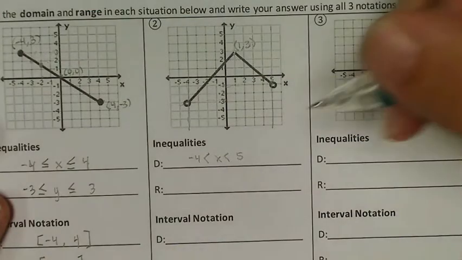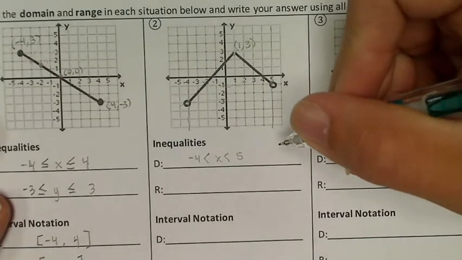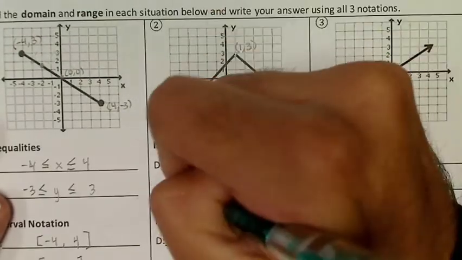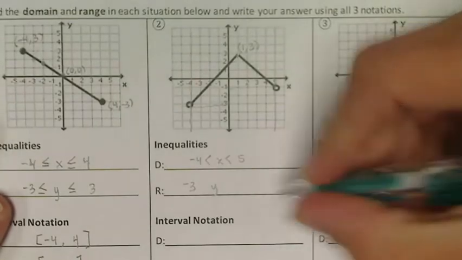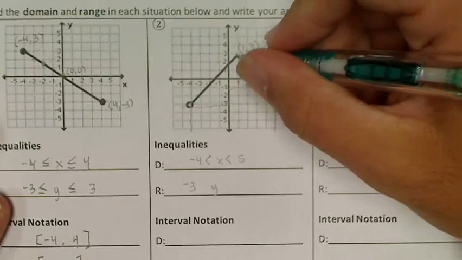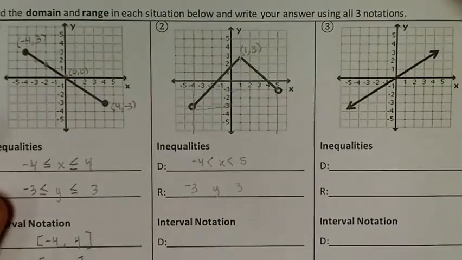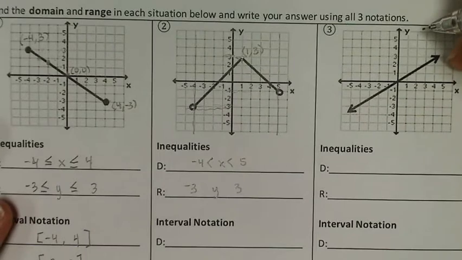For range, you always go lowest to highest, and it's not always going to be endpoints. Your lowest y value is -3. Range is always y values. And the highest y value is +3 up here. Notice it's not the endpoint.